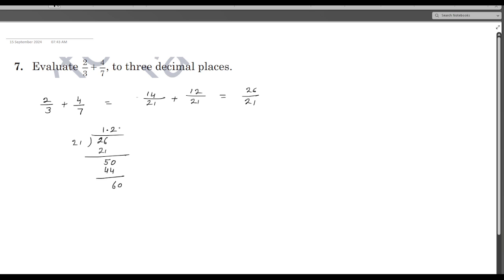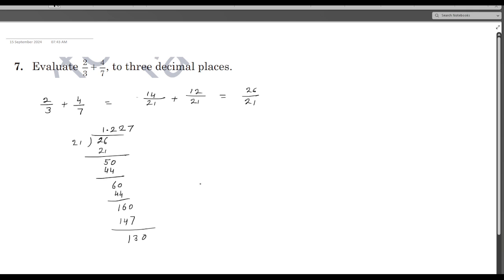Now 21 times 3 is 63, which is less than 80, so I will take 3. Again, the remainder is 17. So now this time it is 170. 21 times 8 is 168, so I will take 21 times 8. Again my remainder is 2.